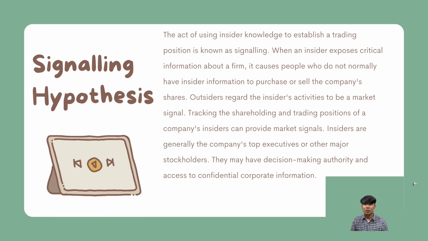Outsiders regard the insider activity to be a market signal. Tracking the shareholding and trading position of a company insider can provide a market signal. Insiders are generally the company's top executives or other major stockholders. They may have decision-making authority and access to confidential corporate information.